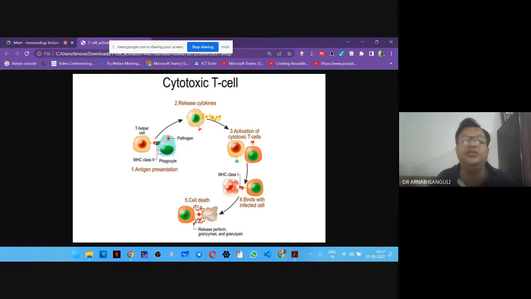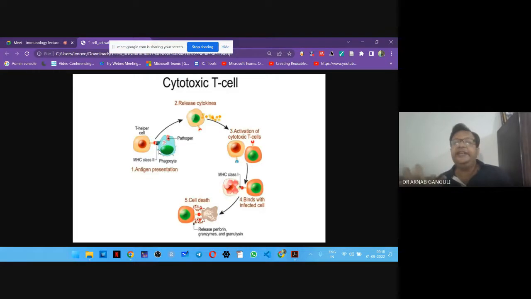There are class 1 and class 2. So a specific MHC class 2 is found on specific immune cells like macrophages, dendritic cells, neutrophils, only on specific immune cells. And MHC class 1 is present on all cells. So say, for example, a cell is infected with a virus or some toxin. What happens? That particular toxin is processed, and that protein is expressed on MHC1 molecules, is displayed.